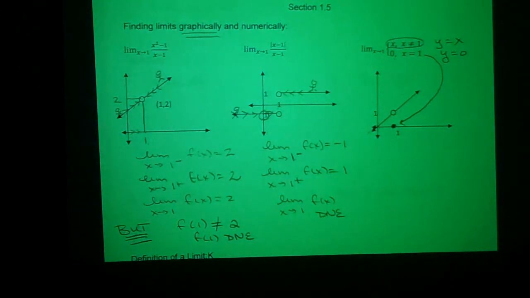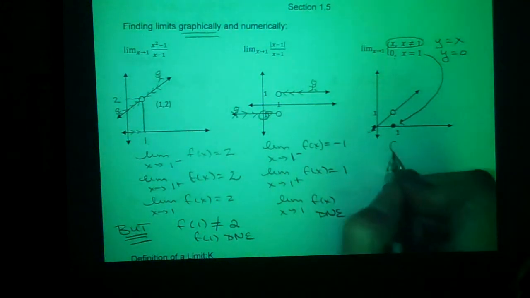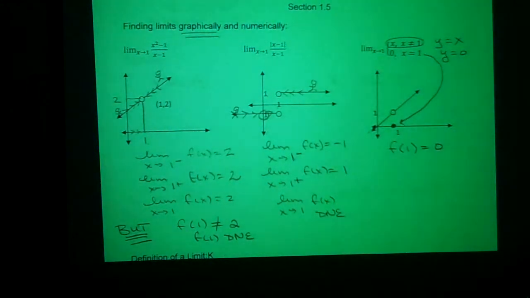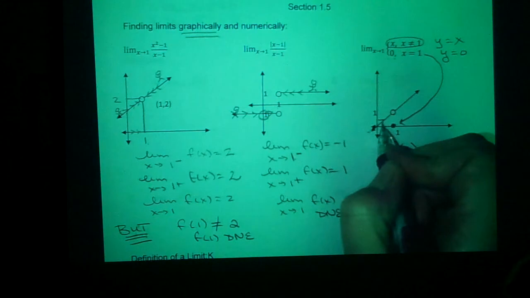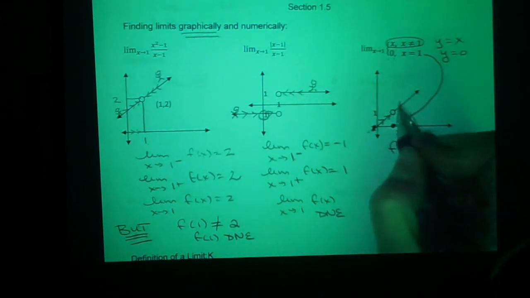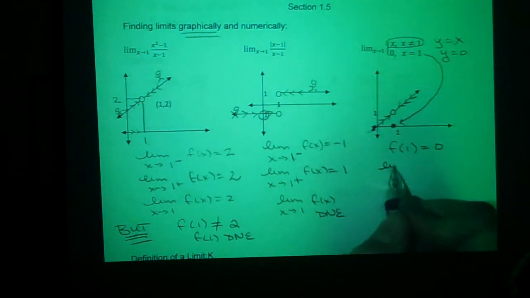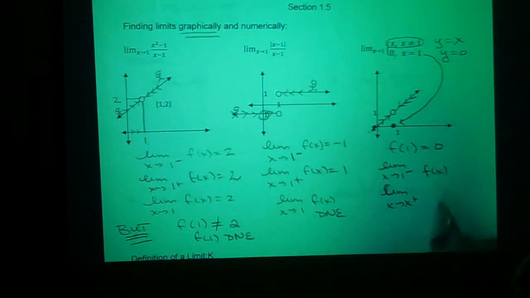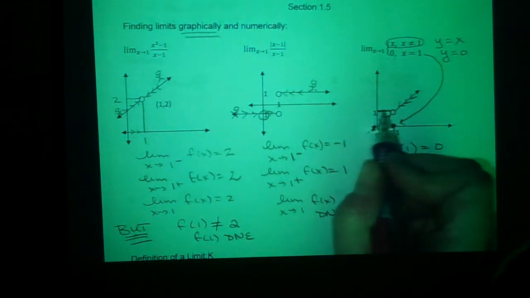The function value is a single value when x is 1. In that case then, if you plug the number 1 into this function, you're going to get 0 out. But the limiting value of this function, when you come from the left or the right, coming at it from the left, coming at it from the right, is still this function value of 1.